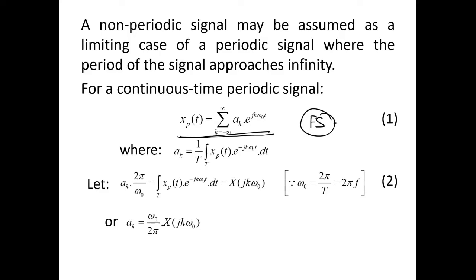Why is this so? If you see the first line, your answer lies over here: a non-periodic signal may be assumed as a limiting case of a periodic signal. Okay.